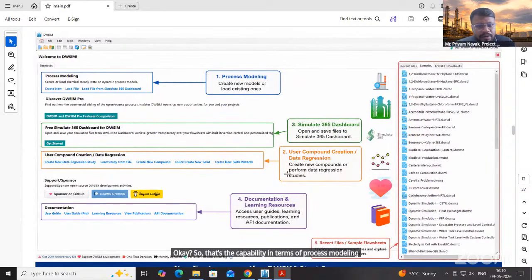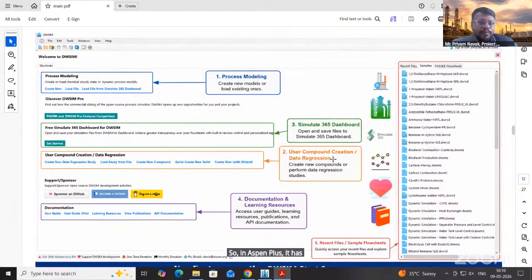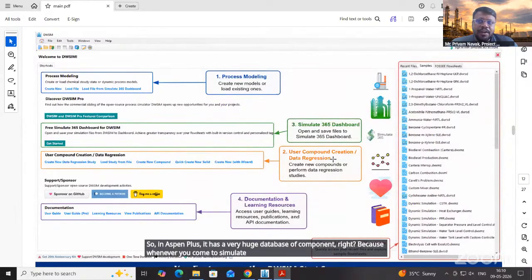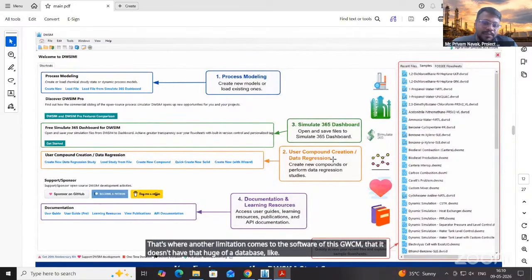Another important feature in DWSIM is user compound creation or data regression. For the commercial tools that we have today, again I'll keep giving the example of Aspen Plus because that's the most commercial and popular tool, Aspen Plus has a very huge database of components, right? Because whenever you come to simulate any process, you need the component information. That's where another limitation comes to DWSIM, that it doesn't have that huge a component database like Aspen Plus.